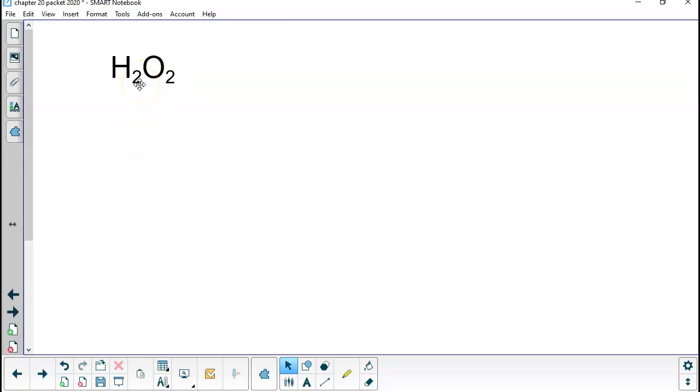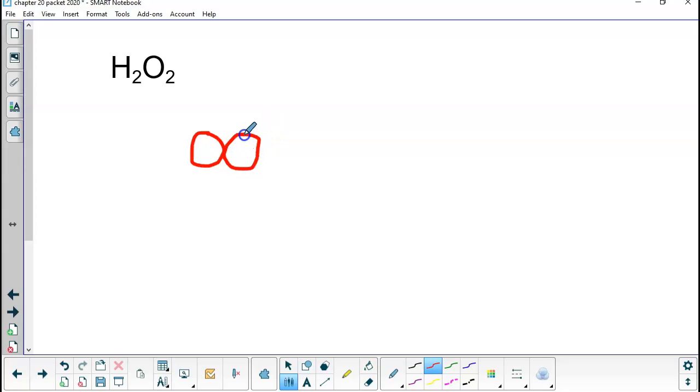So the subscripts tell me how many of each kind of atom I have hooked together. So if I was going to draw this guy, and this drawing is going to be really messy, I apologize for that, I would have 2 atoms of oxygen hooked up together, and I would have 2 atoms of hydrogen hooked up as well.